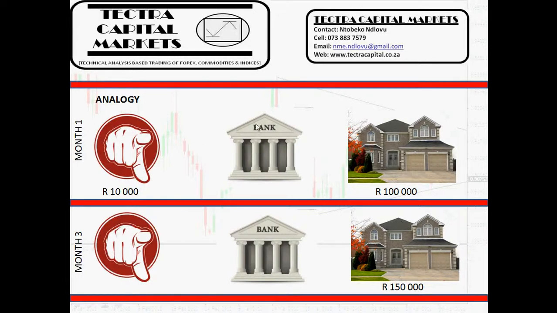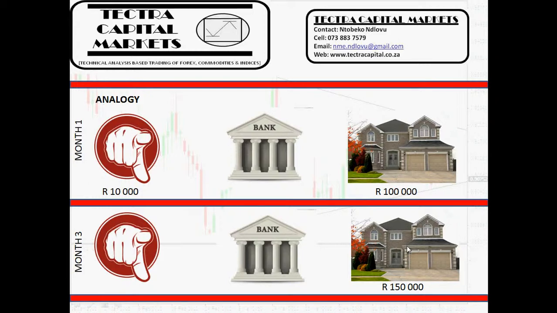You could go ahead and approach a bank and request a loan that will allow you to actually purchase that house. And once you are given that loan, what you could basically do is wait for 3 months, and after 3 months the value of the house would then be, say, 150,000 rand.